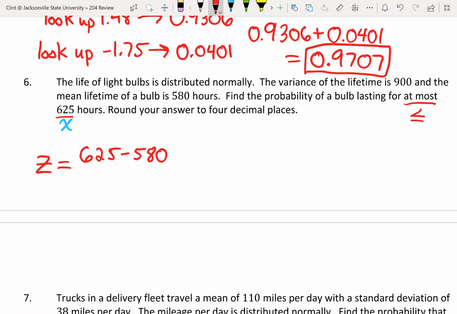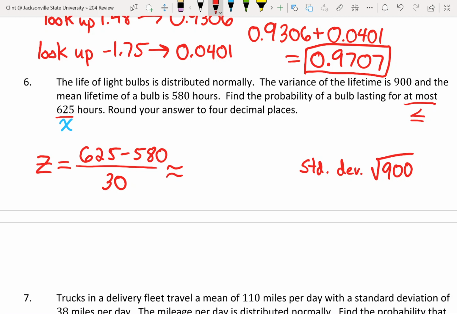But this particular one had a little curve thrown in, because I just let Hawks give me random problems. It says the variance of the lifetime is 900. We don't want variance in our formula, we want standard deviation. So we need to take the square root of 900. That gives us 30. A little bit of curve on that one.